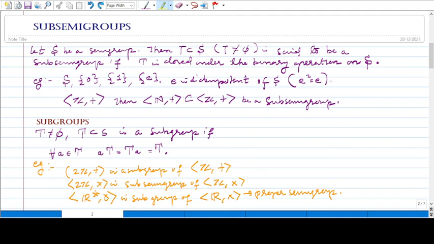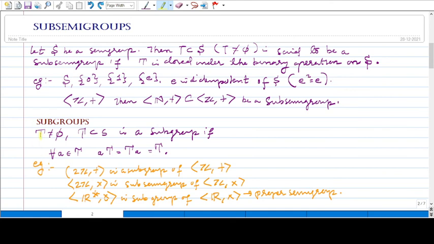Now, like group theory, we will also consider subgroups of semigroups. So groups can be seen as embedded into semigroups, right?